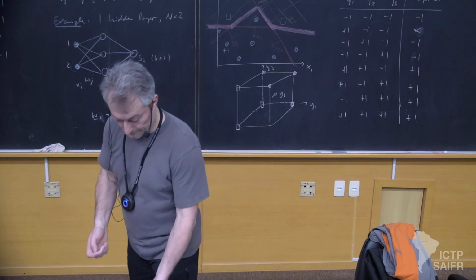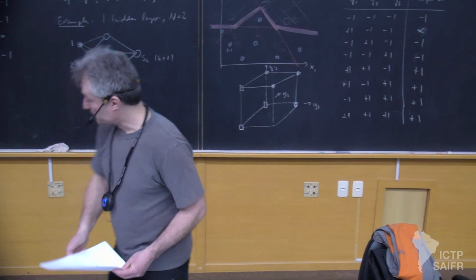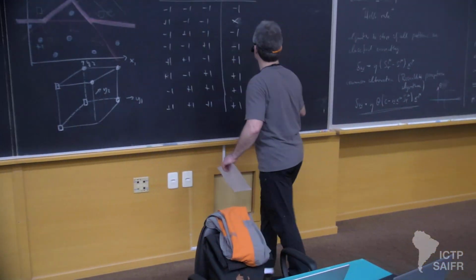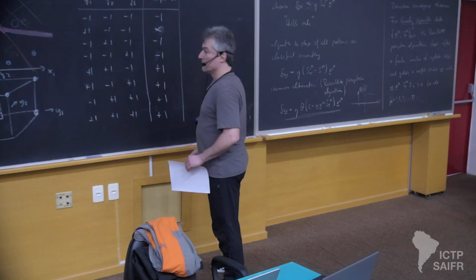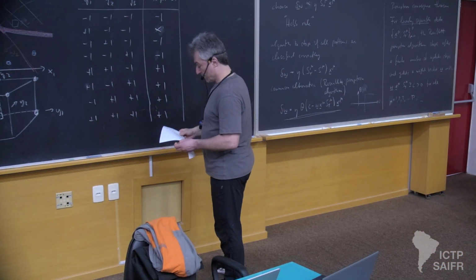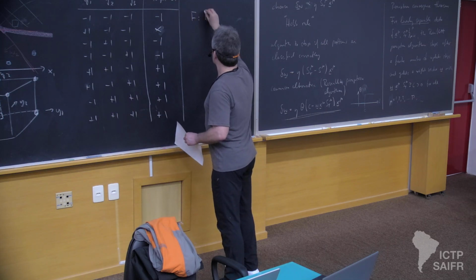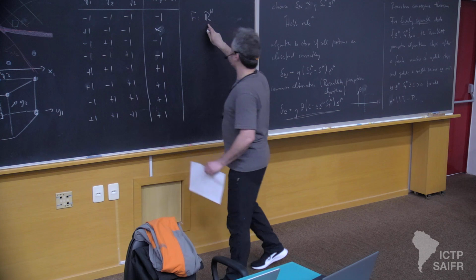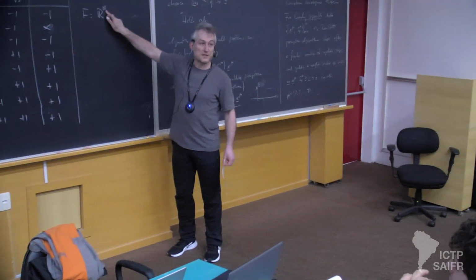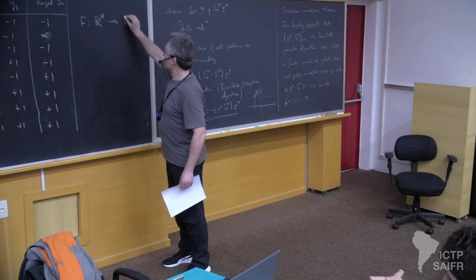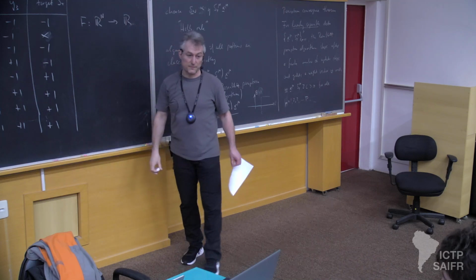Because I can say that my network maps an input in n-dimensional real space, the xi, into just a real number. And that is what a function does.